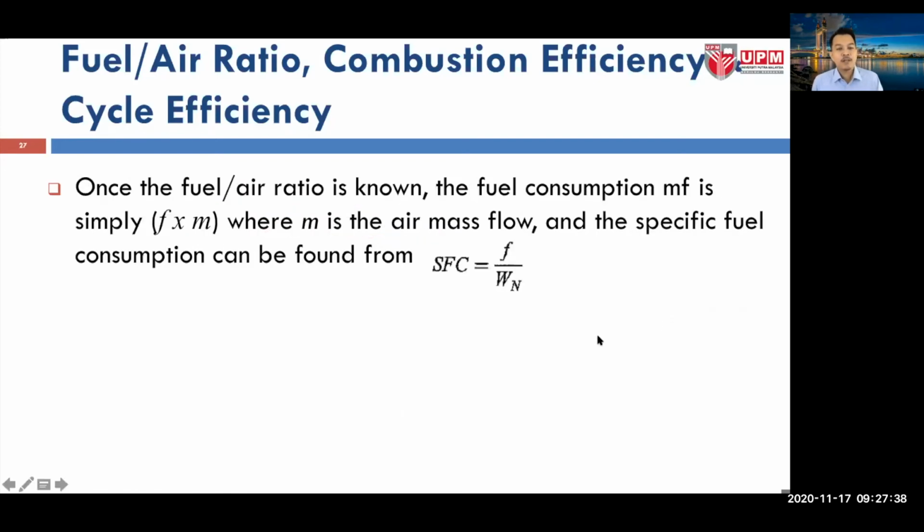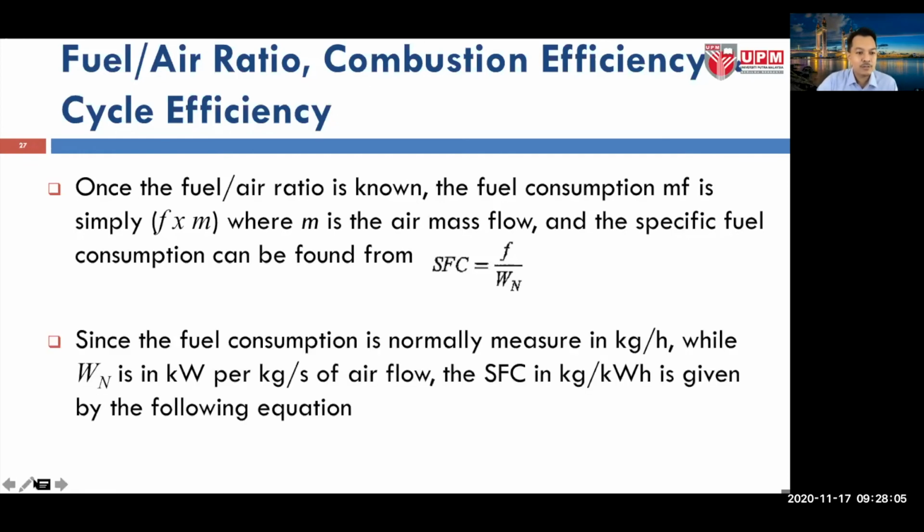So once the fuel air ratio is known by using Figure 2.15 just now, the fuel consumption, the mass flow of the fuel, is simply the fuel air ratio times the mass flow, where m is the air mass flow, and the specific fuel consumption can be found from SFC equal to mF over WN. Let me just correct this one, basically the mF.